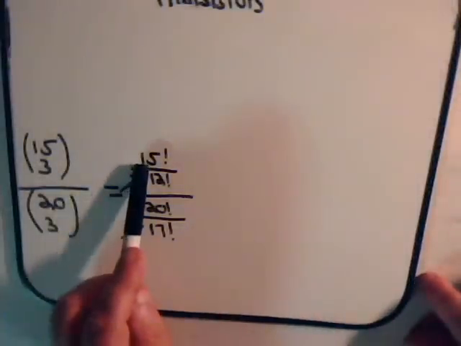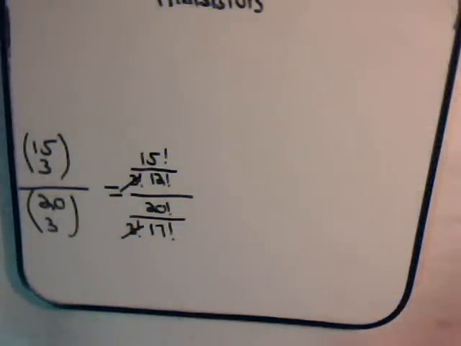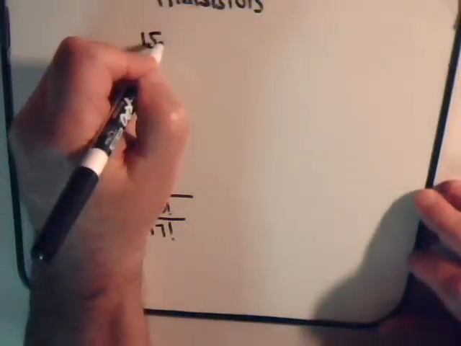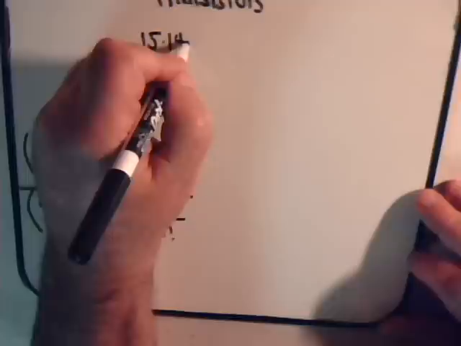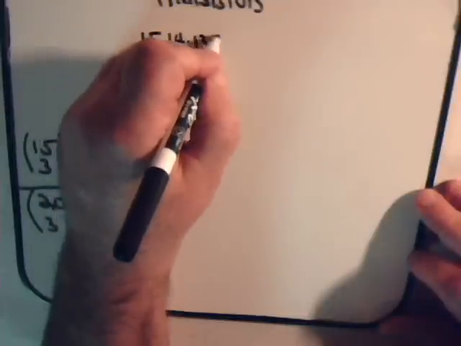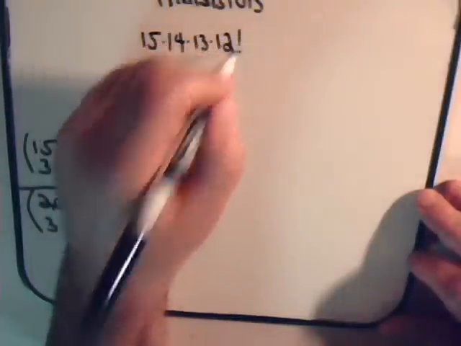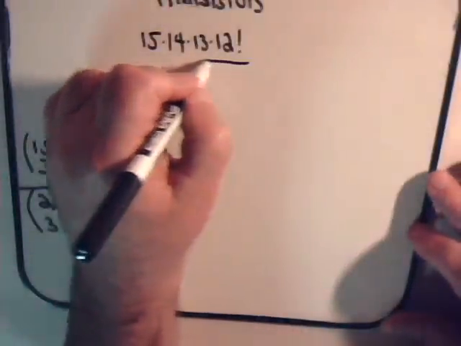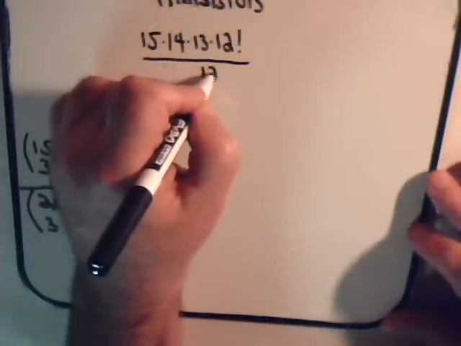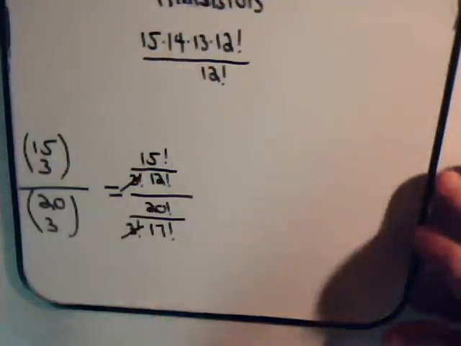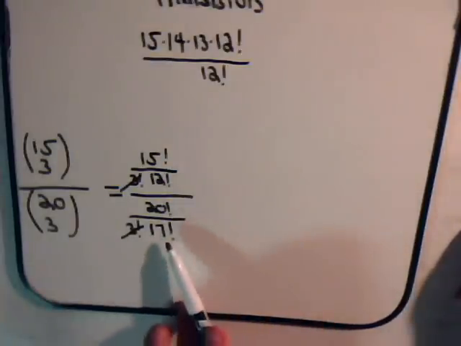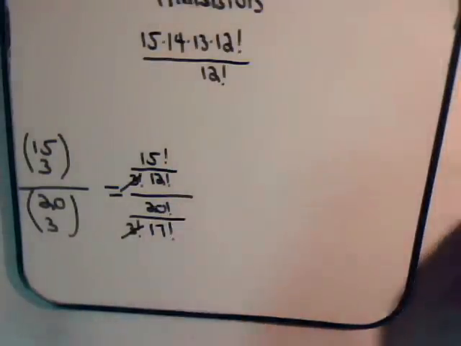Here we have 15 factorial over 12 factorial. So we have 15 times 14 times 13 times 12 factorial. That is 15 factorial. Now we divide it by 12 factorial.